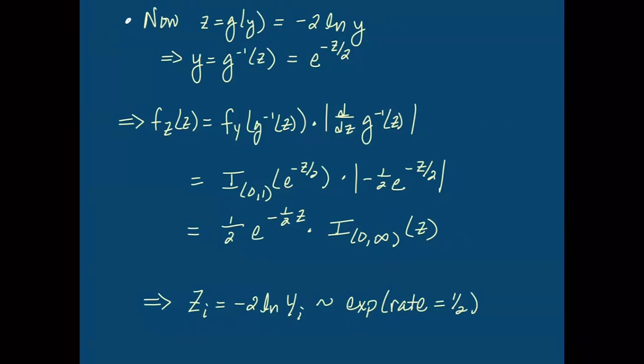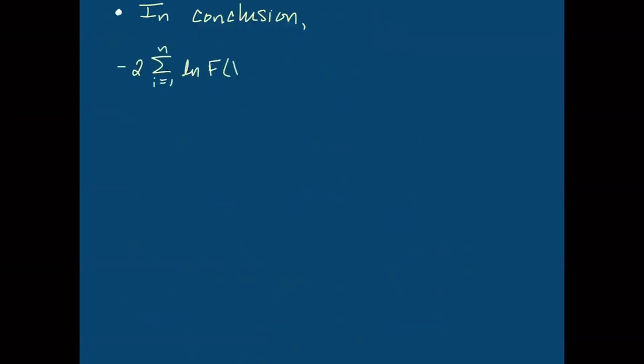And in fact, Z1, Z2, Z3, these are IID random variables. They all have the same distribution, and they inherit independence from the independence of the Y's, which came from the independence of the X's. In conclusion, this is the expression we care about.